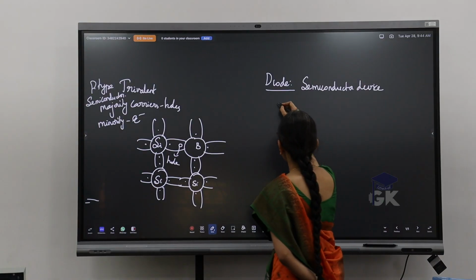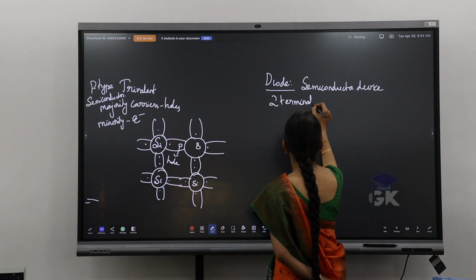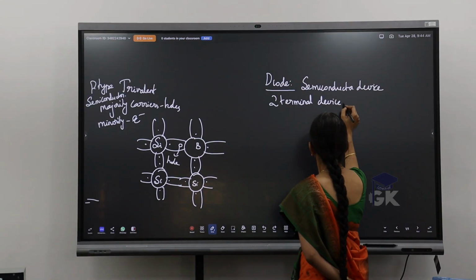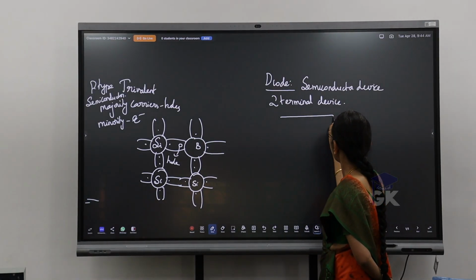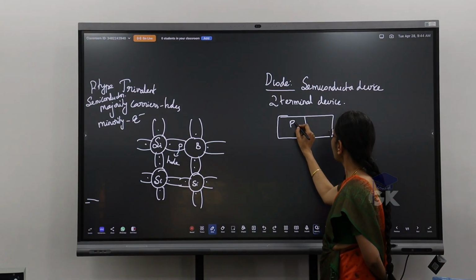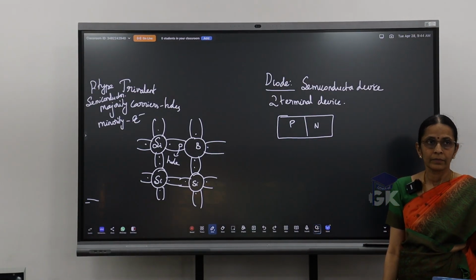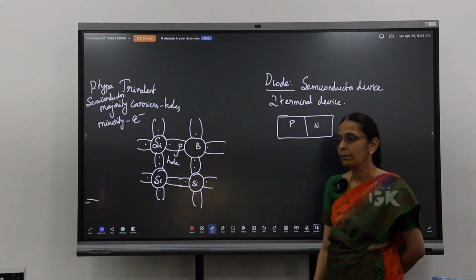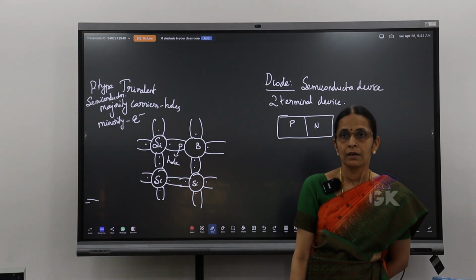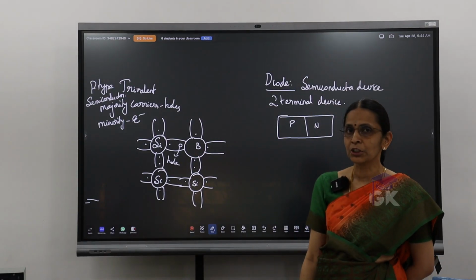It's basically a 2-terminal device. And how is it formed? By combining my p-type and then my n-type semiconductors. I combine my p-type and n-type semiconductor and I arrive at what is called as my diode, a p-n junction diode.